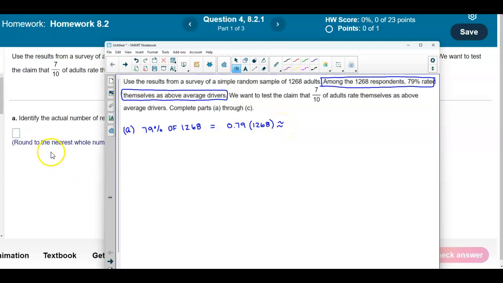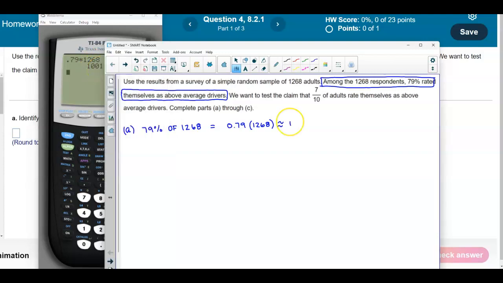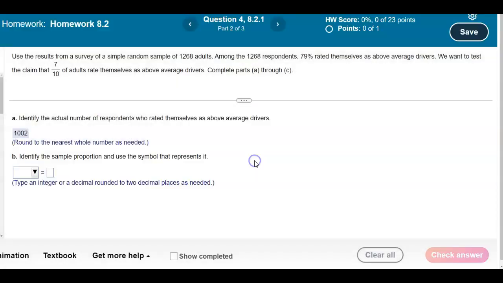And here it says round to the nearest whole number. So we're going to take 0.79, multiply that by 1,268. And rounding that to the nearest whole number is 1,002. So therefore, our answer for part A is going to be 1,002.